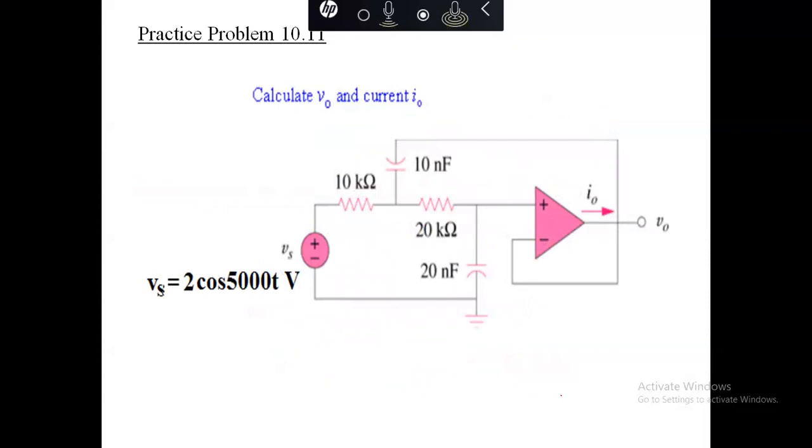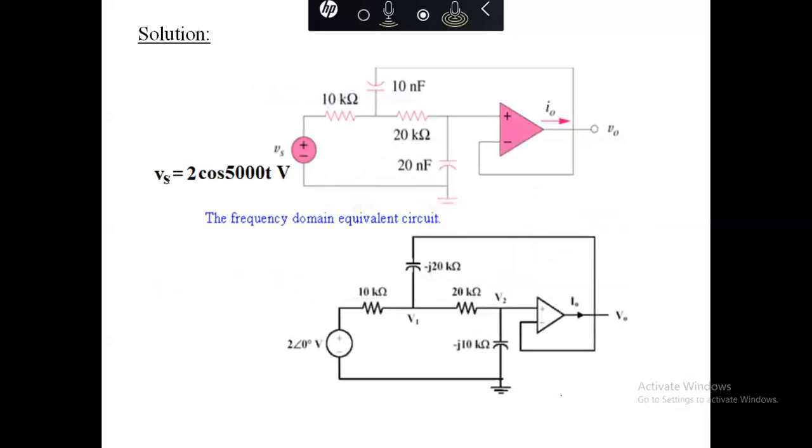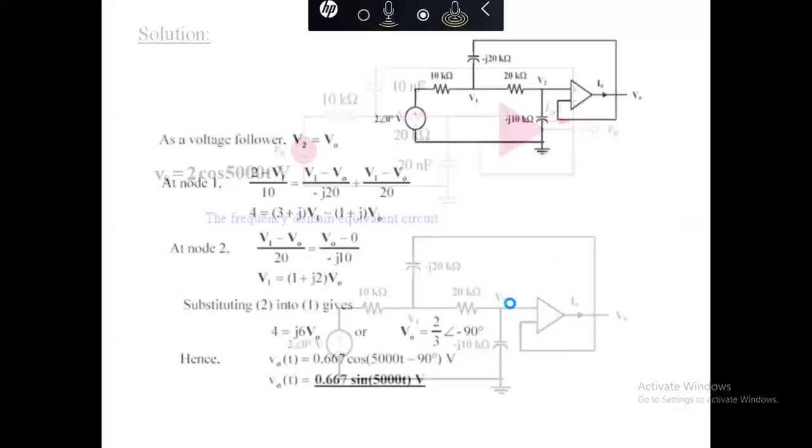For another network, we have to find the value of I naught and V naught. So again, we take two nodes here. One is V1 and the other is V2. So we apply nodal analysis.